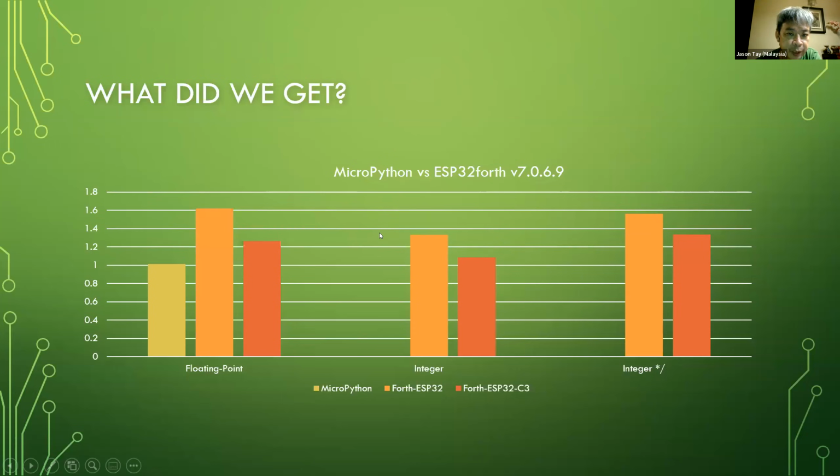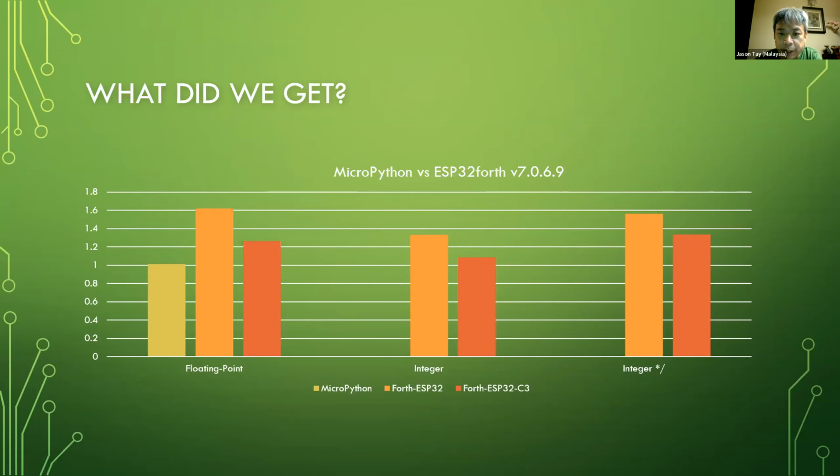We can also conclude that even though the C3 does not have a floating point unit, interpreter overhead means that even with emulated software floating point, you're not losing out hugely in comparison with the ESP32, which does have a hardware floating point unit. So that's good.